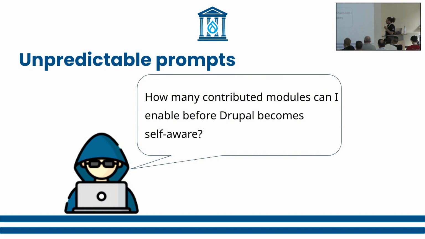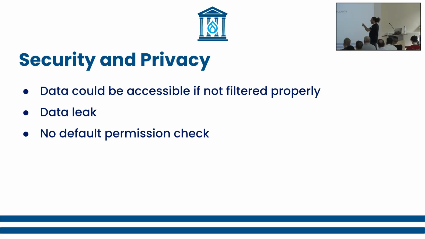And then the last one, and I think it is the most important when we build a RAG system: because we store a different database, we are outside of Drupal. So security and privacy are really important. You need to be able to check if the user has real access, even to the single chunk, not just the entire document, because even just one mistake can lead to a data leak.